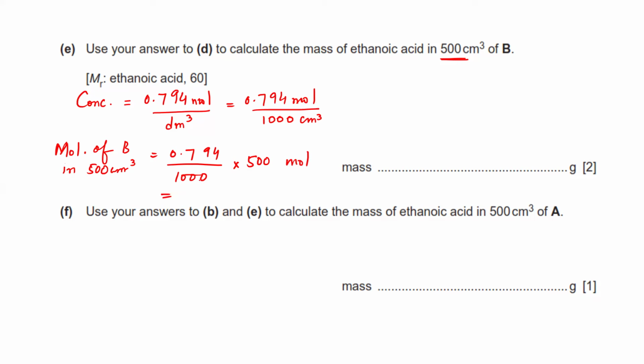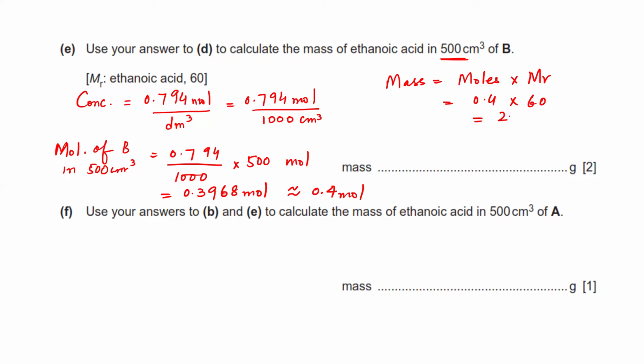This will give you the value in moles. That comes out to be 0.397 moles, or approximately you can call it 0.4 moles. So the mass will be number of moles multiplied by molecular mass, approximately 0.4 multiplied by 60.